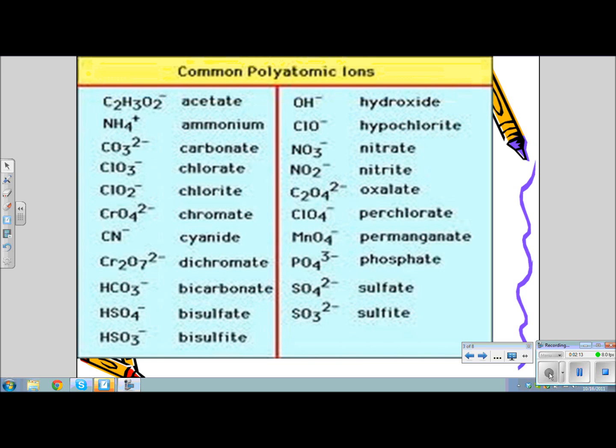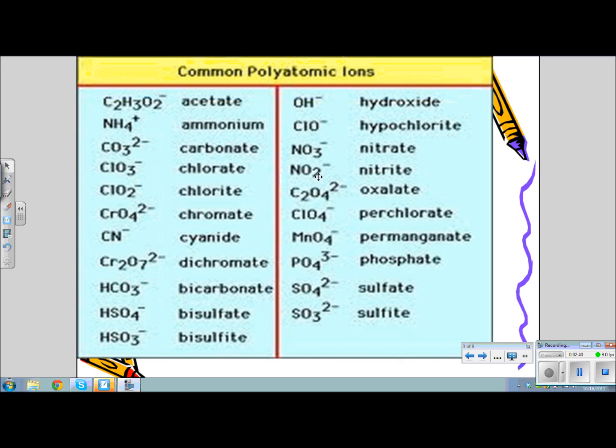Chlorate is ClO3, and chlorite is ClO2. So you can think of chlorate as the standard one, and then chlorite is the light version because it has one less oxygen. But notice that the charge is the same.